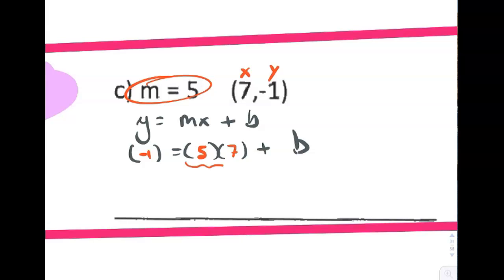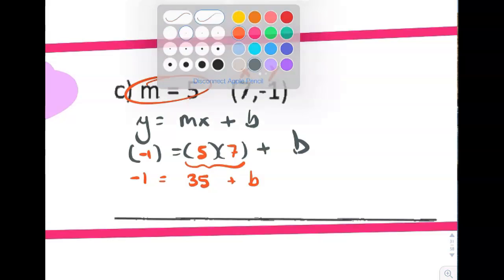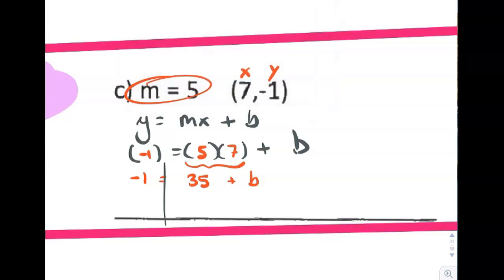Okay, so now I can put these two together. -1 equals 7 times 5 is 35. Now to solve for b, I'm going to take away 35 from both sides. If I'm down 1, then down 35 more. That puts me at -36.